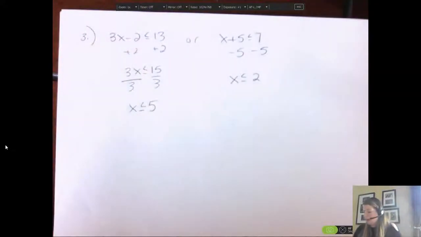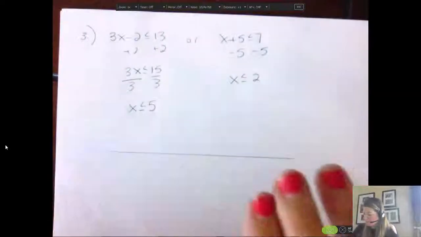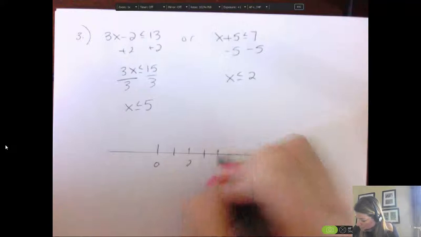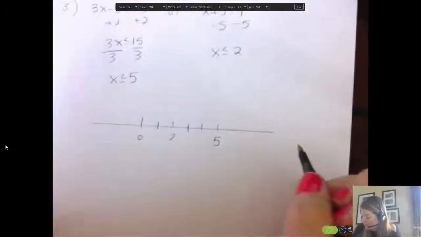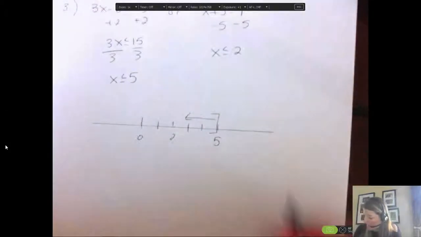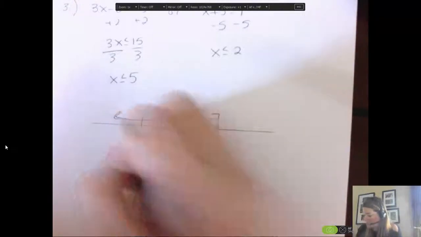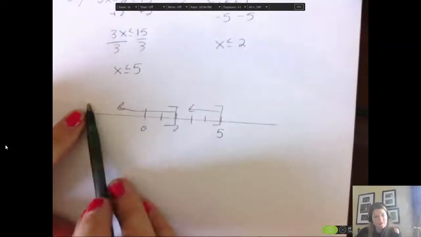And let's look at what the graph will look like for these ones. Okay, so x is less than or equal to 5. Square bracket, because it could equal that, and it's going this way. And at 2, you're less than or equal to 2. So if this was an and, anything less than 2 would solve them both, right?